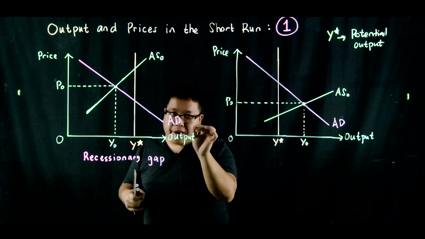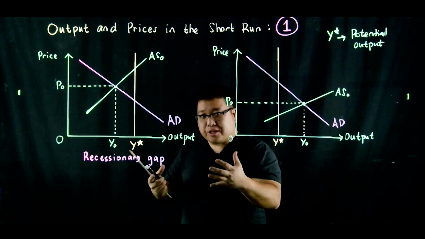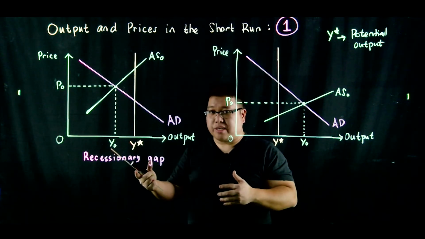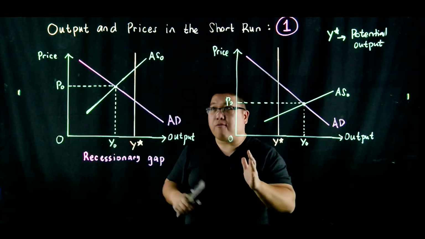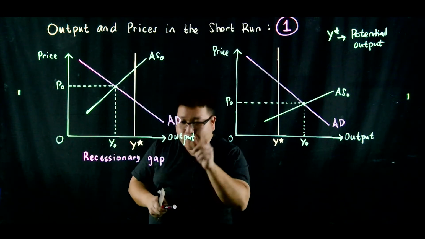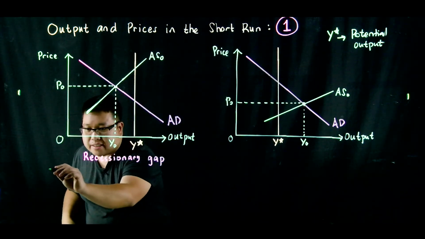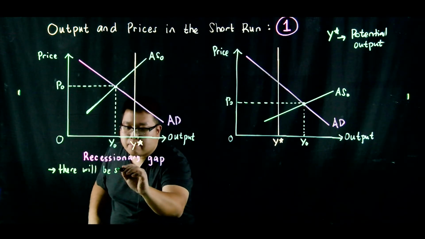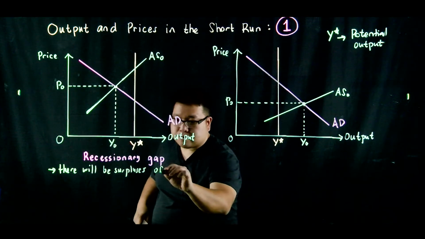The fact that there are inputs that are not used means that firms or producers in this economy can buy or rent those resources at a lower cost. So when that happens, the aggregate supply curve should shift to the right. So let me write down what I just said. There will be surpluses of factor inputs.